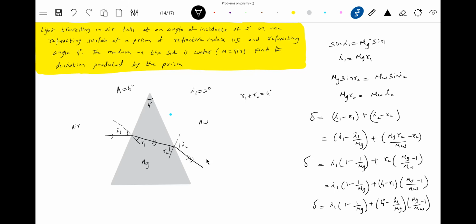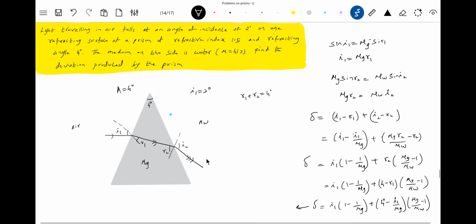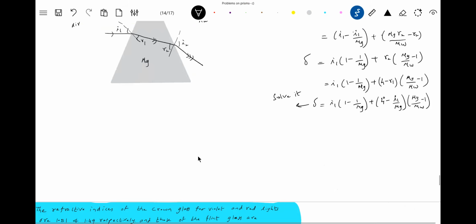This is the deviation. Solve this, you have to solve this one. Okay, work it out. I'll go for the next problem.